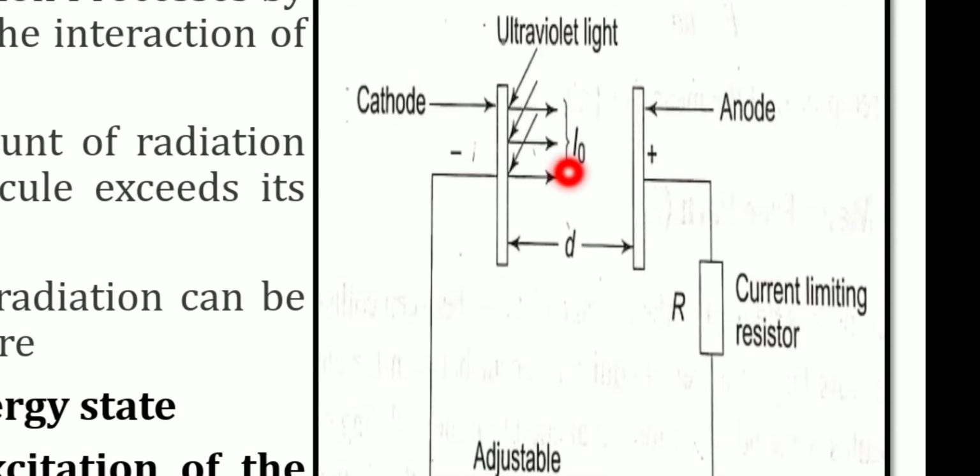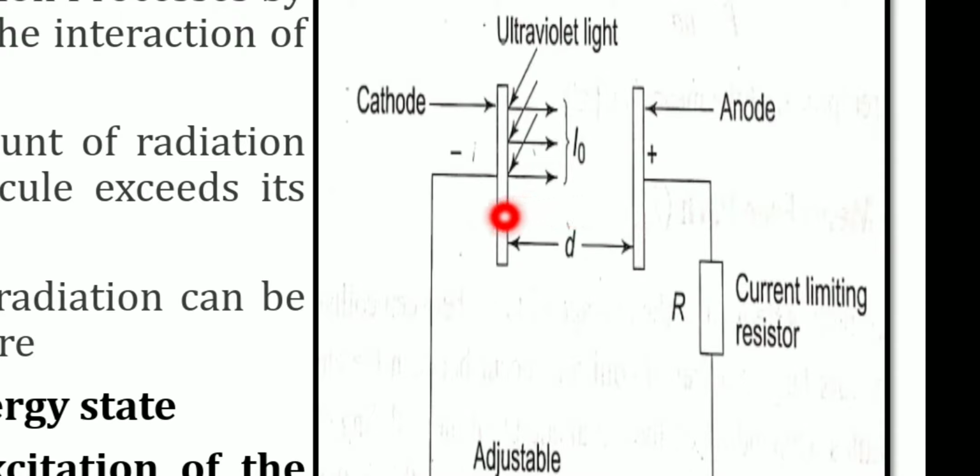What is that ionization process? It is an atom or a molecule which gains energy, by losing or gaining one or more electrons.